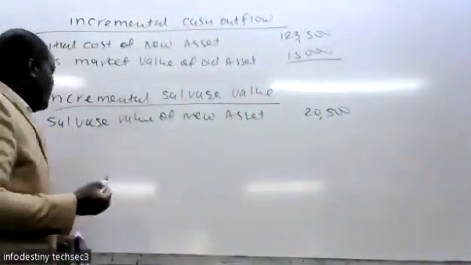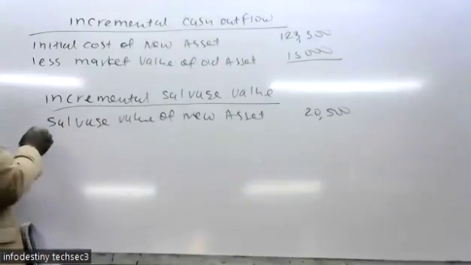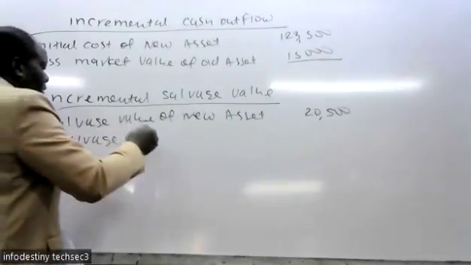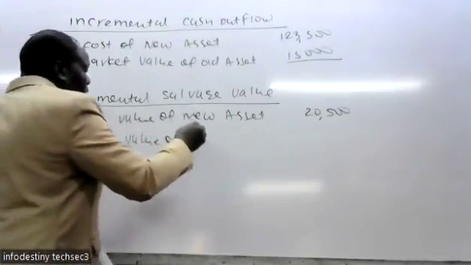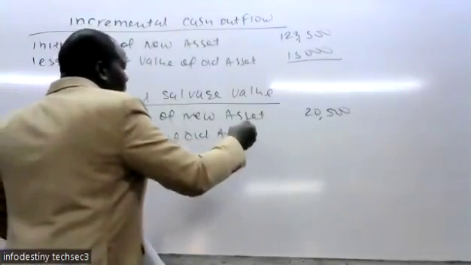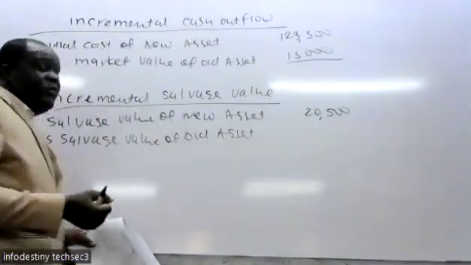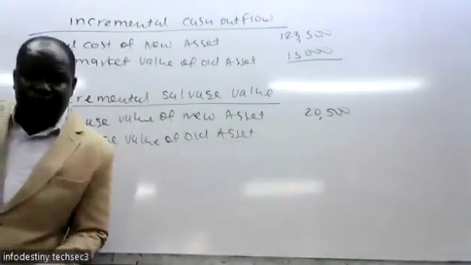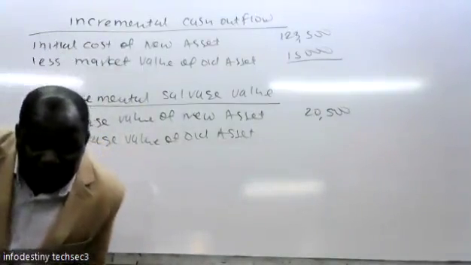So we are supposed to less the salvage value of the old asset. But when you check through the question, it was not provided.